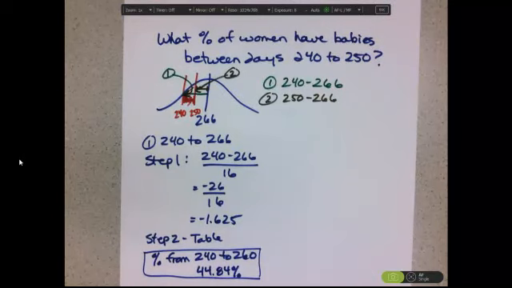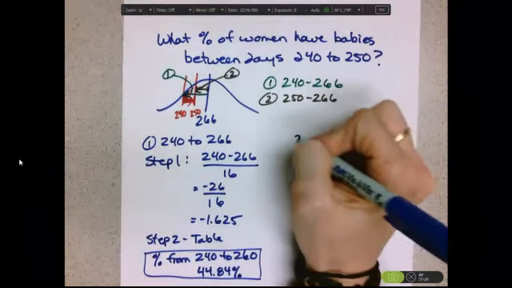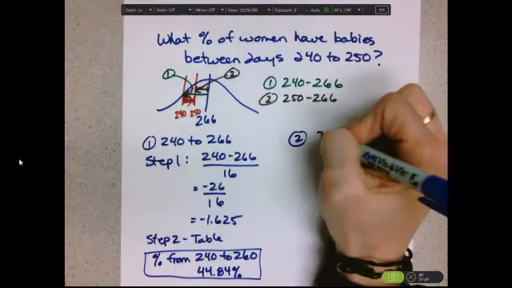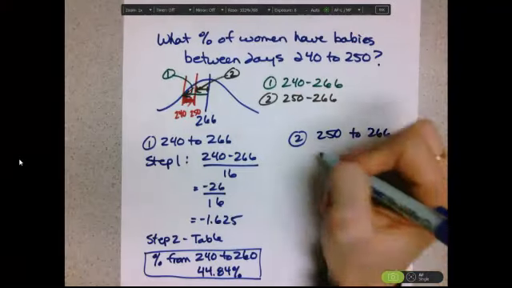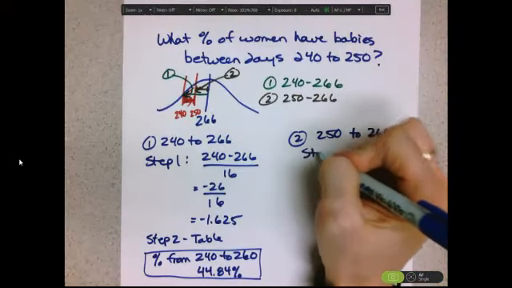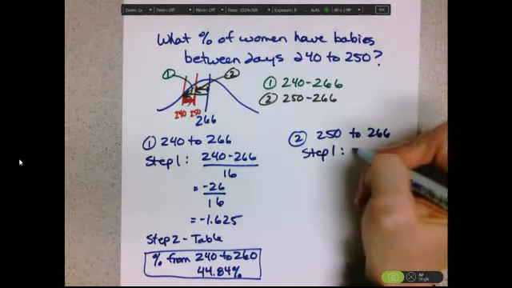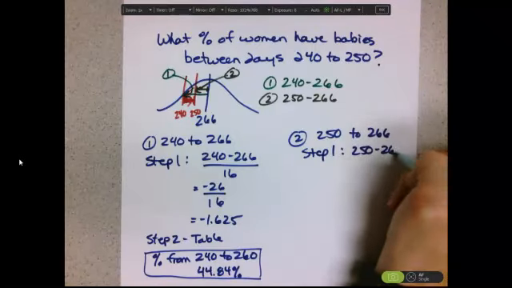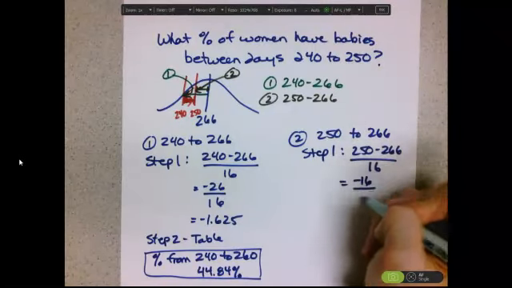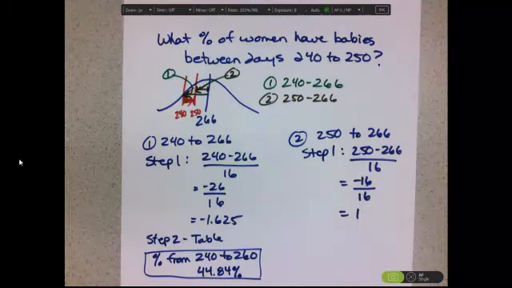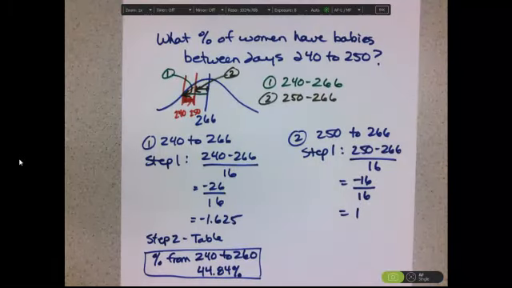Our second step is going to be 250 to 266. So 250 minus 266 divided by 16. Again, this is going to be negative, and it's equal to 1. We're going to look at our table.